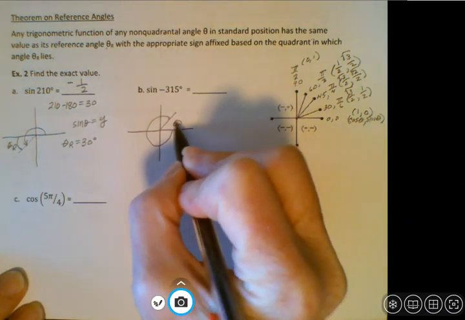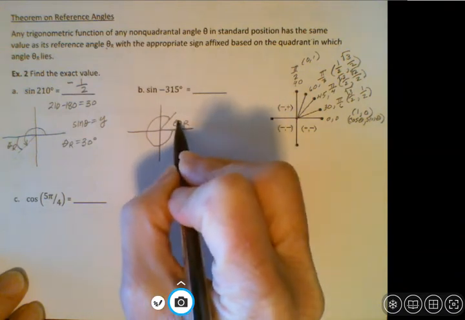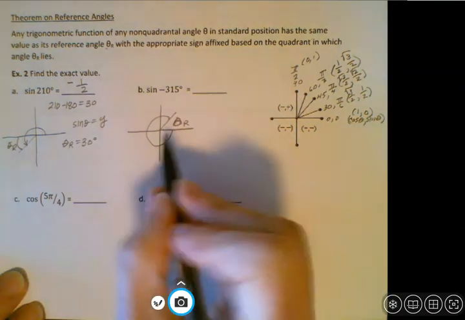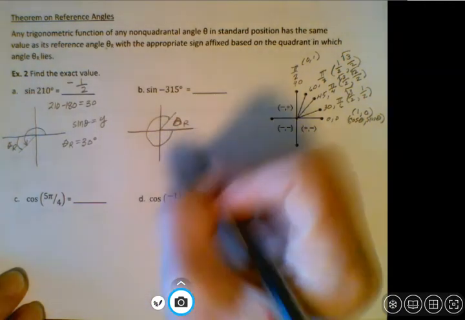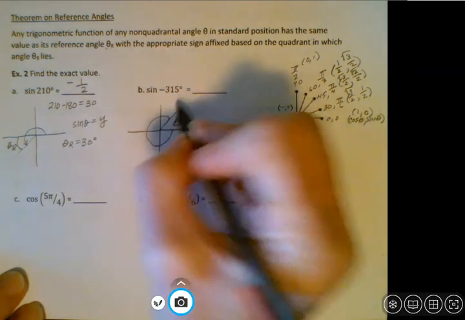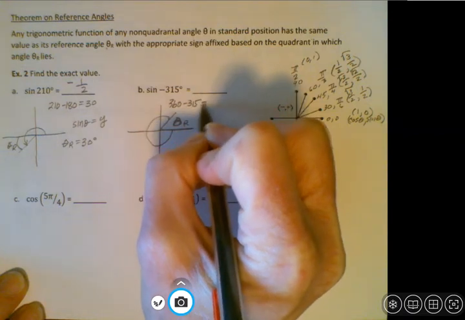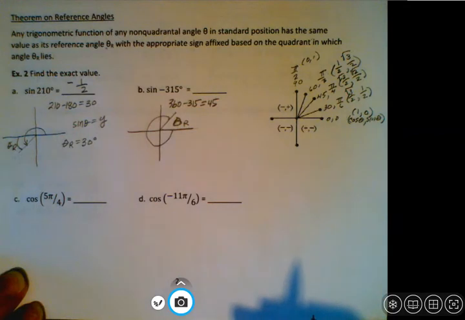So here's theta r. It's that acute angle that makes its terminal side on the x-axis. How do we know what that is? Well, if we take the entire thing and subtract out the 315, 360 minus 315, it tells us this little bit left is 45 degrees.